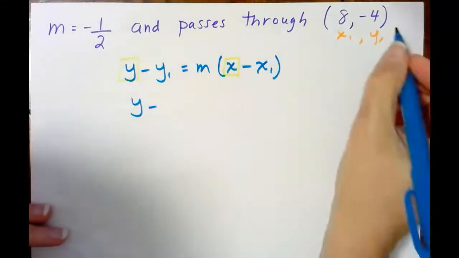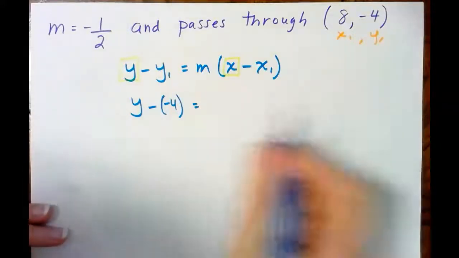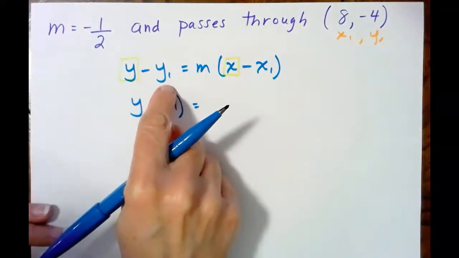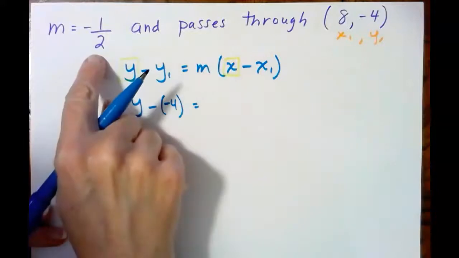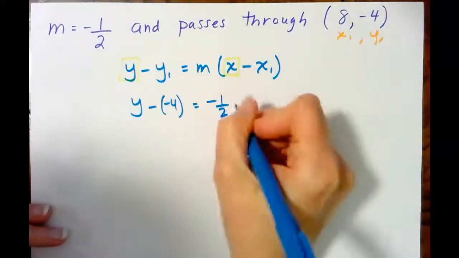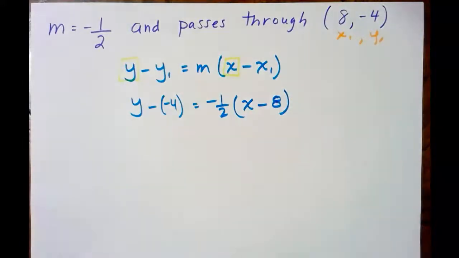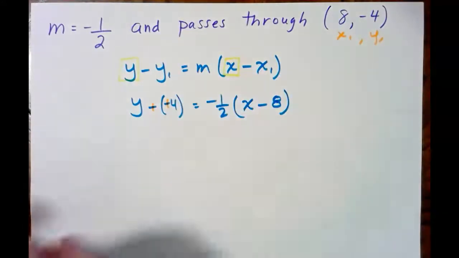Y minus negative 4. If you need to write it in parentheses, do so. So y minus negative 4. We're subtracting that y sub 1 no matter what it is, equals the slope. The slope is negative 1/2 times x minus 8. Now, let's go ahead and change that minus a negative to plus a positive.